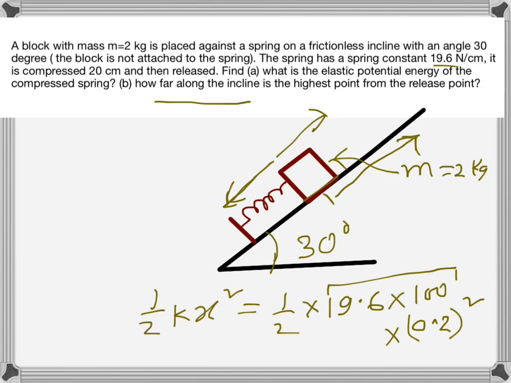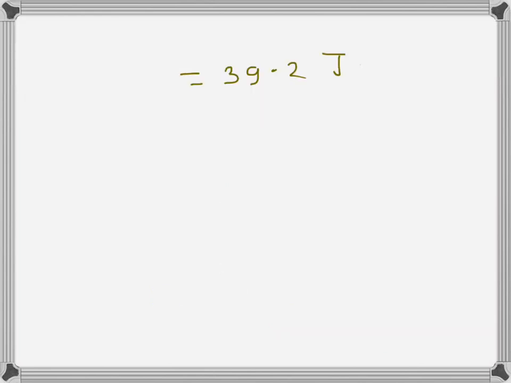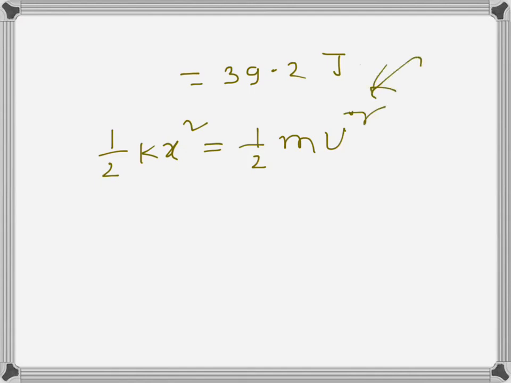If we want to find the velocity when it starts moving upwards, the spring's potential energy will be given to the mass as kinetic energy. So that will be half m v square, and this v will be the initial v. This v will keep decreasing as it moves upward on the inclined slope. So this is the initial v when the full spring potential is given to the block as kinetic energy.